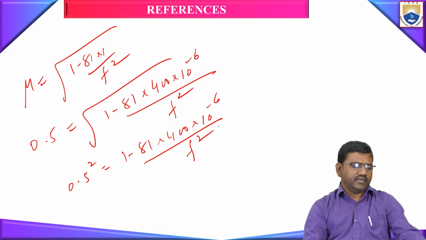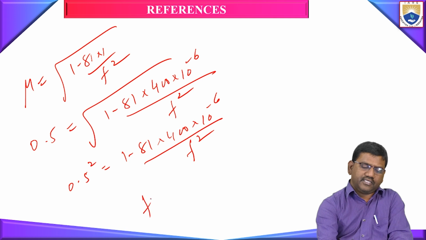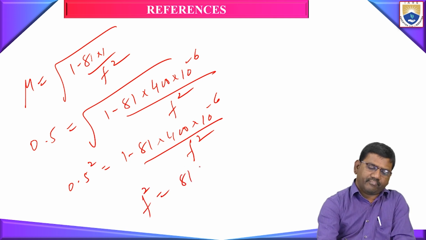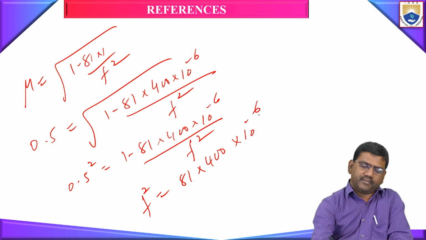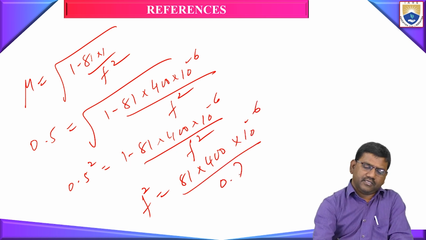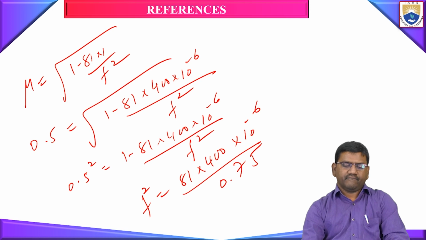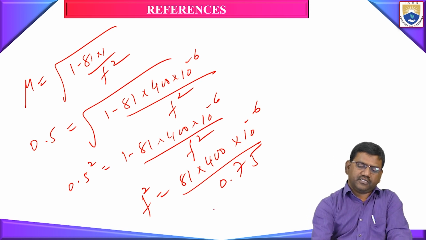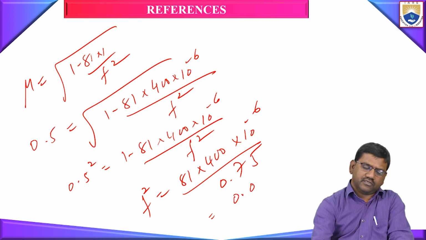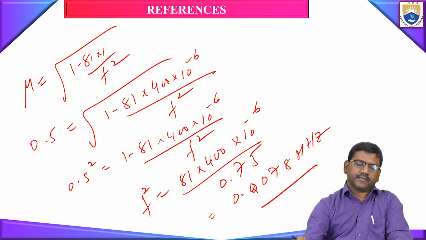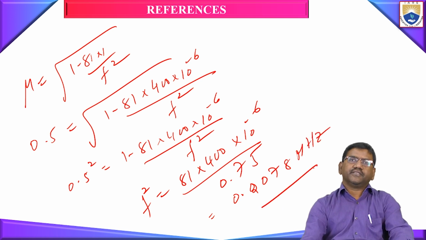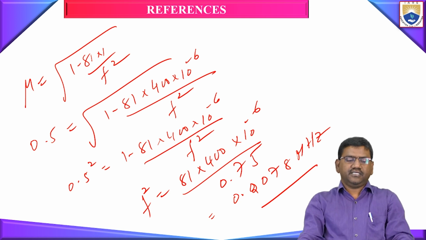If you simplify this, you will get f square is equal to 81 into 400 into 10 power minus 6 whole divided by 0.75 here. Taking the square root on both sides, you will get the value of f as 0.02078 mega hertz here.